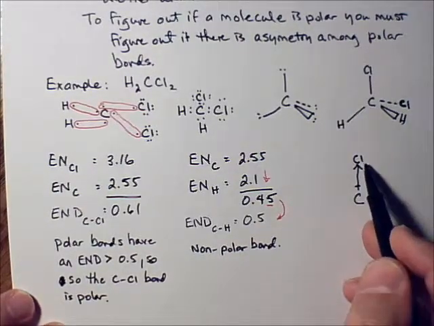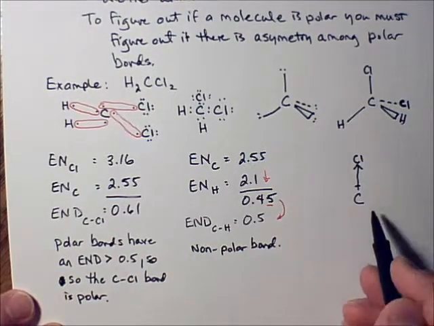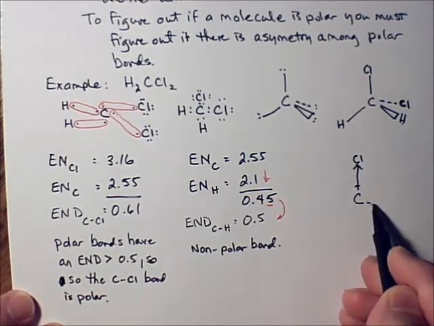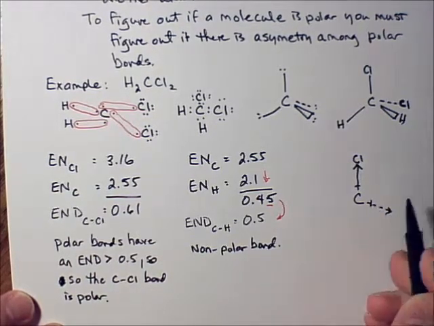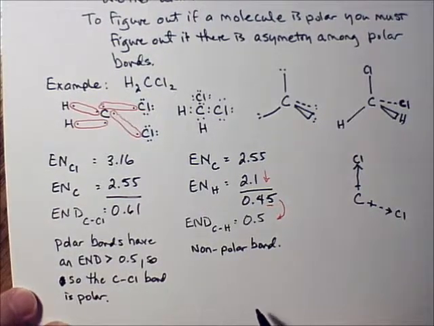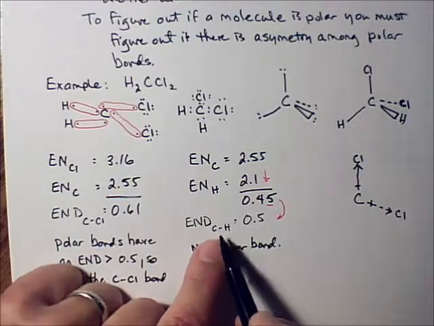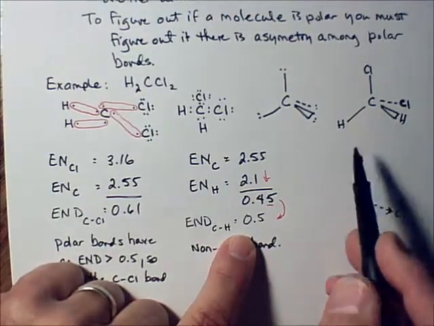The more positive end is down here, the more negative end is pointed toward the chlorine. The other chlorine is going back behind, so I'll do that with a dotted line. Put an arrowhead on the end, cross the hatch here, and put the chlorine back here. Now, we consider these hydrogen bonds to be nonpolar, so we're not going to put any arrows on this.